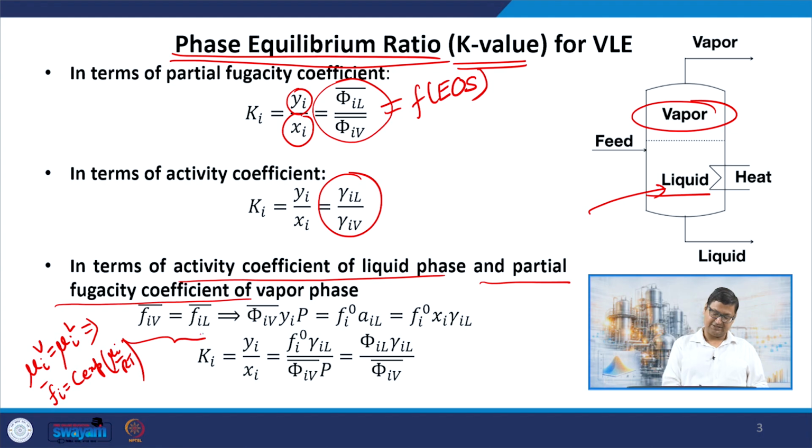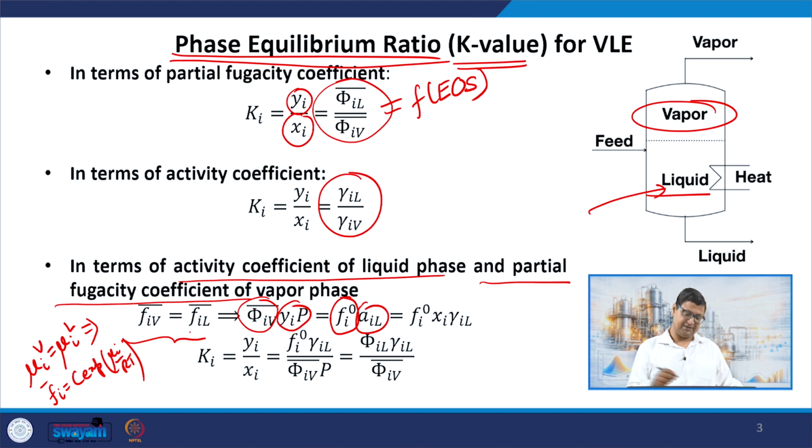The partial fugacities can be expressed in terms of the partial fugacity coefficient for the vapor phase into yiP, and for the liquid, i is expressed in terms of the fugacity of the pure component at the same pressure multiplied by the activity, and the activity I can express in terms of the activity coefficient multiplied by the mole fraction.